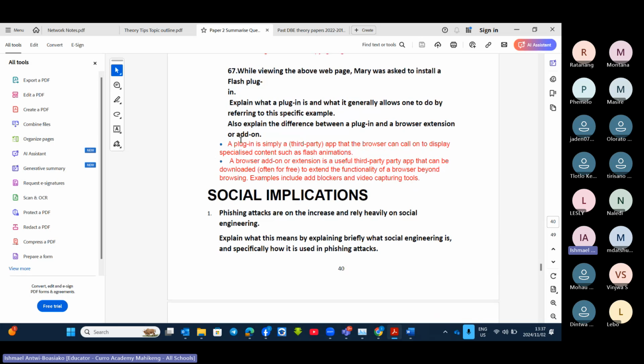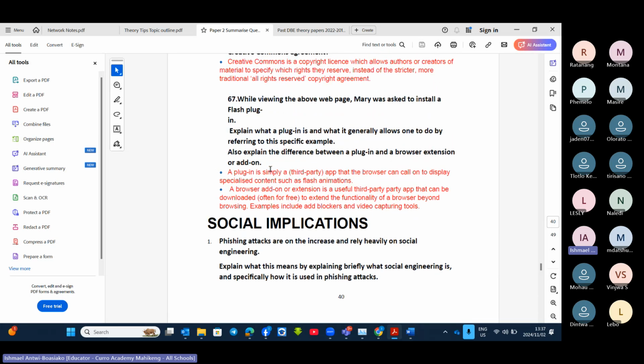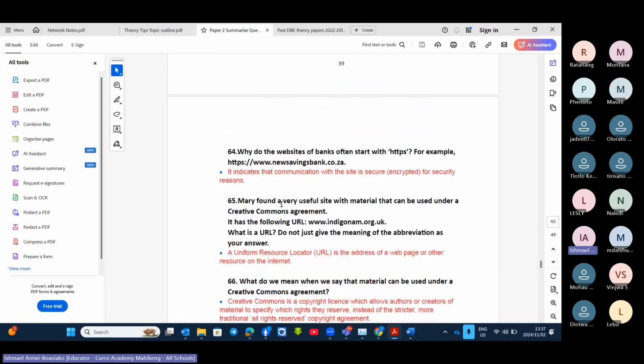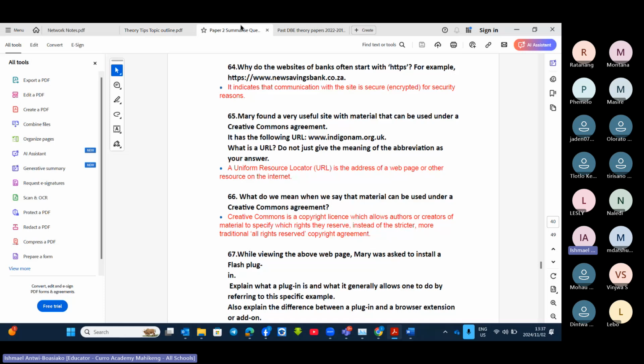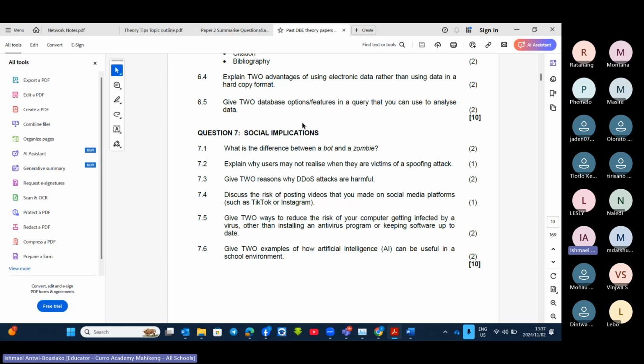So I put a question and then the answer as well. You'll get them together with this document. And then there are also summarized past papers from 2018 up to 2022, and also from 2016 to 2017. So you can pick them and then answer.